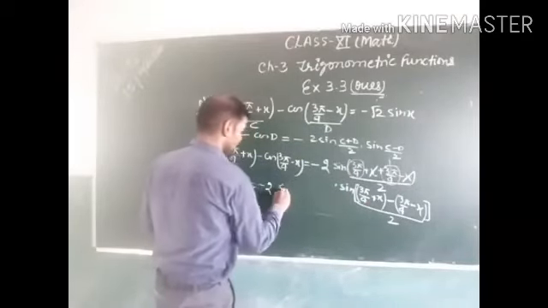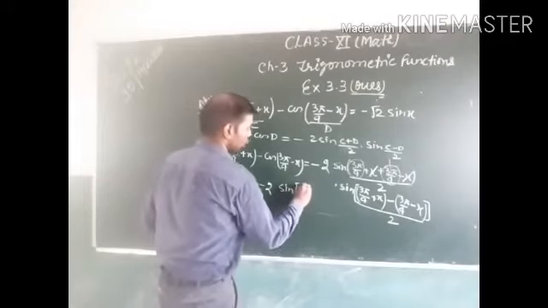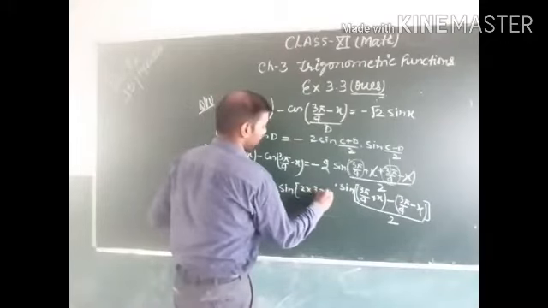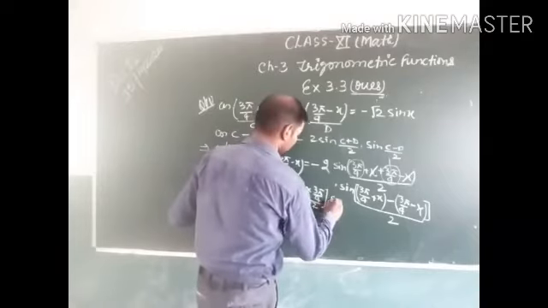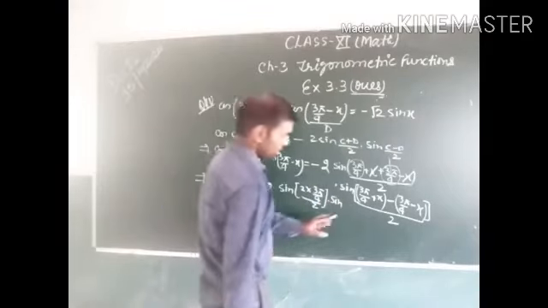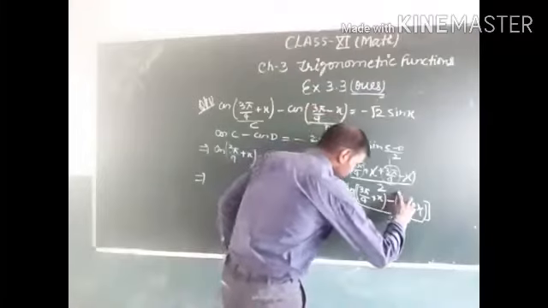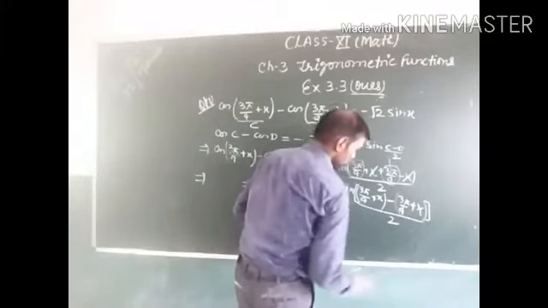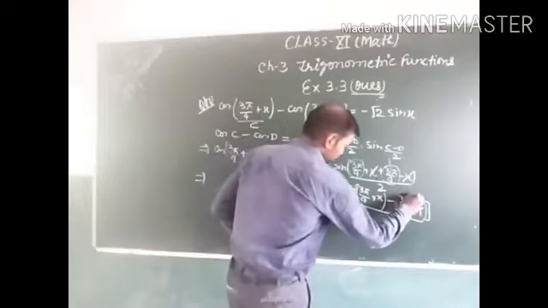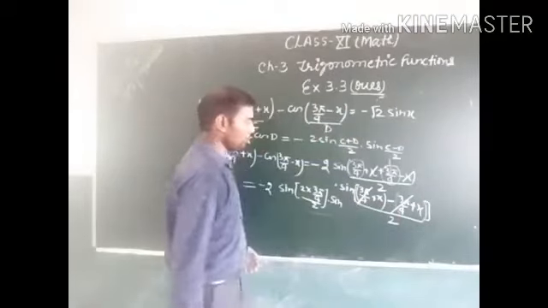So we can write sin 2 into 3 pi by 4 upon 2, and this sin into sin. When we open the bracket, this is plus, so this is minus, and this plus cancels out.